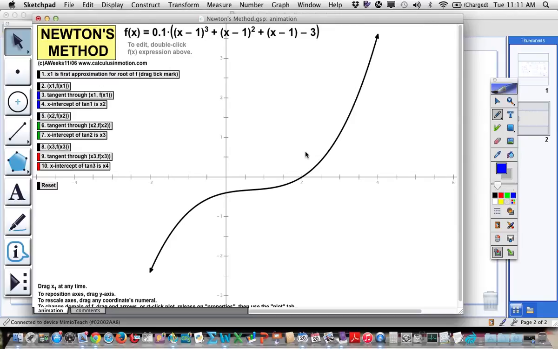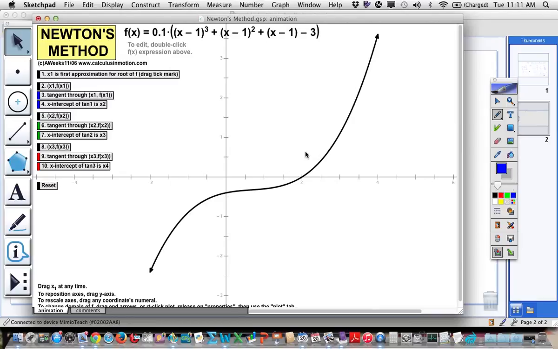And I got this number. Maybe I should zoom in on that a little bit here. So now I plug that into the function. And I got this number. And I plug that into the slope. And I got that number. And then I wrote my equation of my line. And then I set that equal to 0. And then I got this number. Right? And I kept getting better and better estimates.